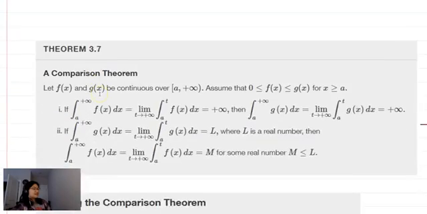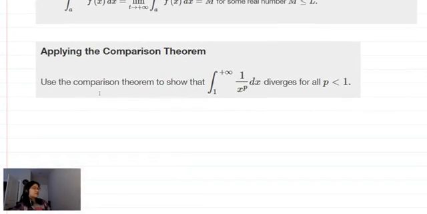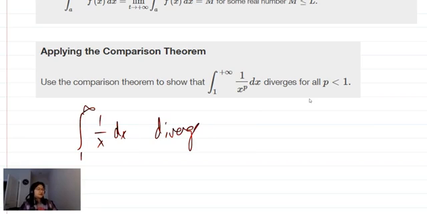All right, last thing. Let's use the comparison theorem to show that this diverges for all p less than or equal to 1. Well, we know that the integral from 1 to infinity of 1 over x dx diverges, because of natural logs.